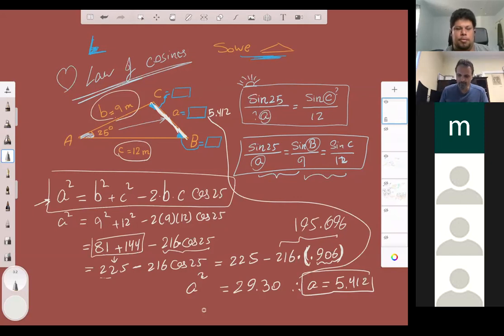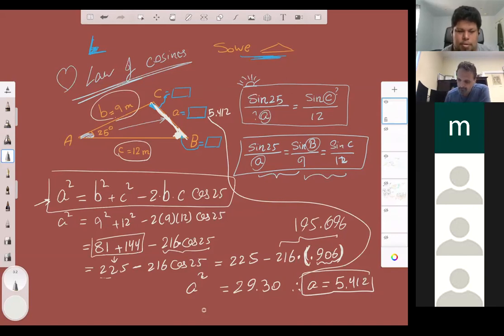So now that we have A, how do we solve for B? Same process. We try not to use law of cosine because it's too much algebra.